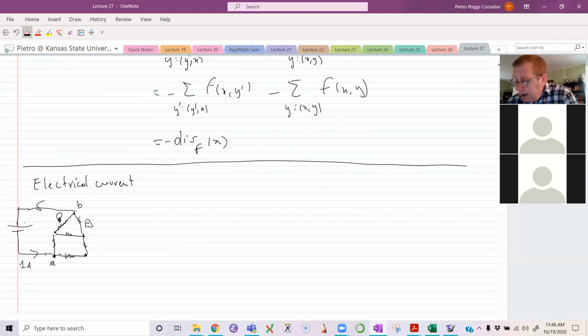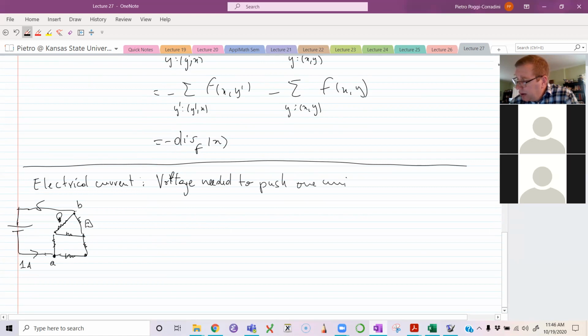The potential drop needed, so the voltage needed to push 1 unit of current through the network is actually called the effective resistance.